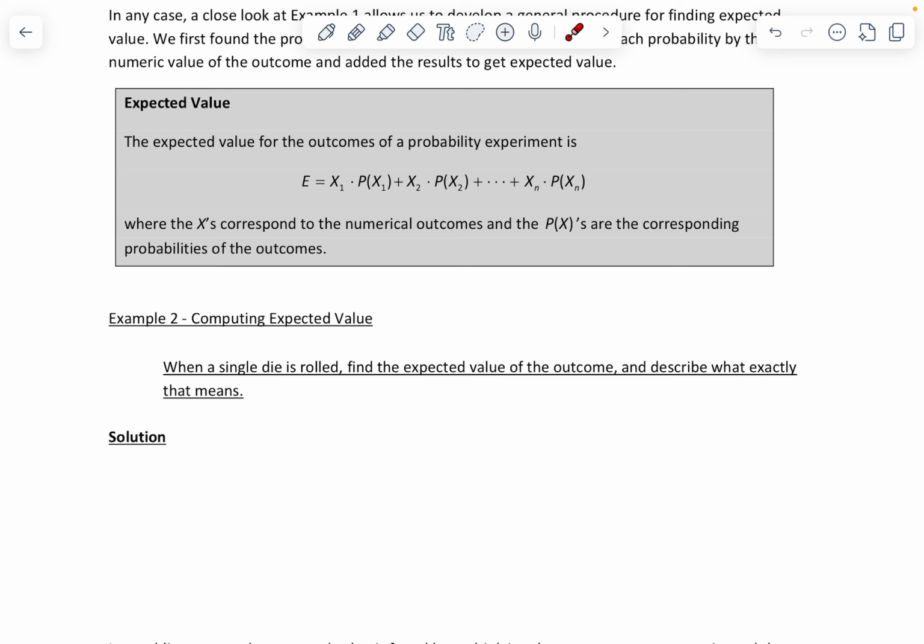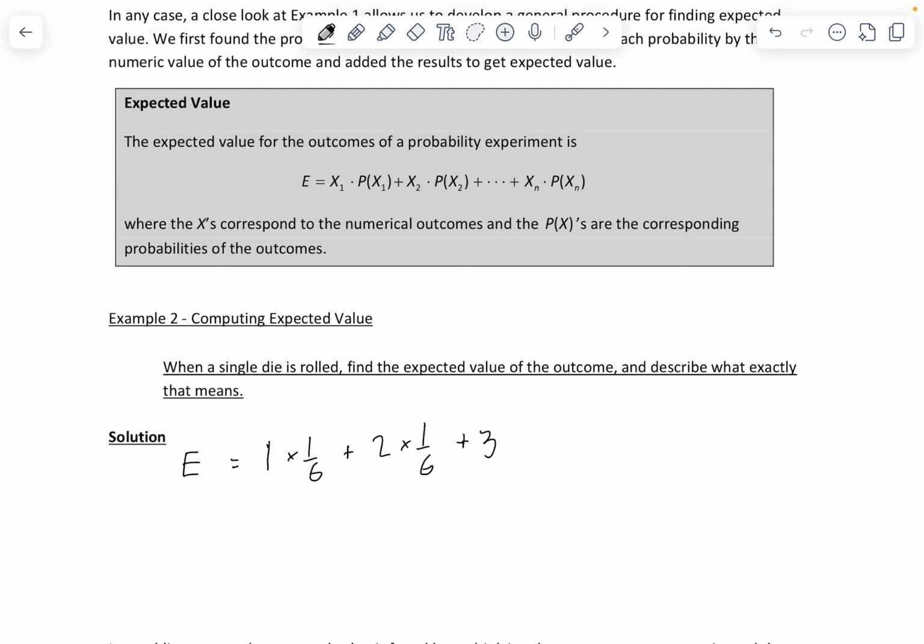Since each numerical outcome 1 through 6 has a probability of 1/6, the expected value, using this formula right here, would look like this. Expected value: we've got the outcome of rolling a 1 times its probability of 1/6, plus the outcome of rolling a 2 times its probability of 1/6, and so on.